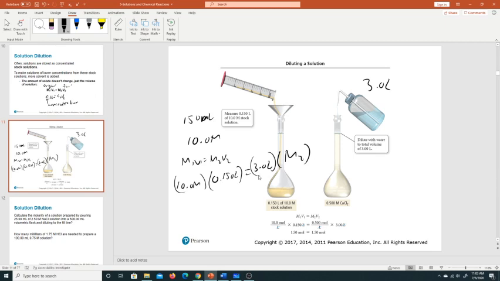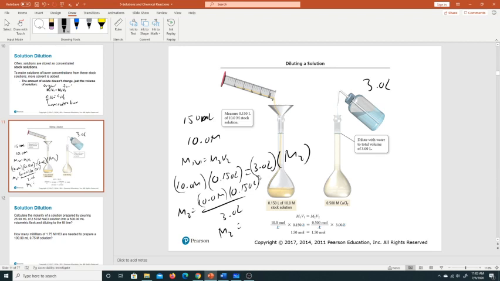So we want to find the new molarity. M2 equals 10.0 molar times 0.150 liters divided by 3.0 liters.